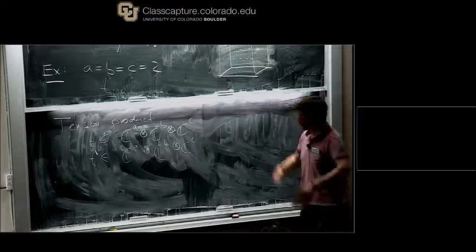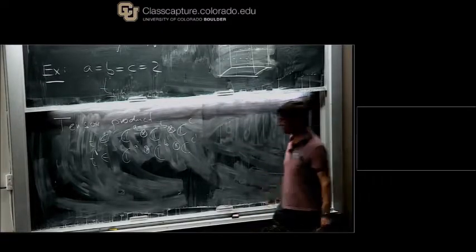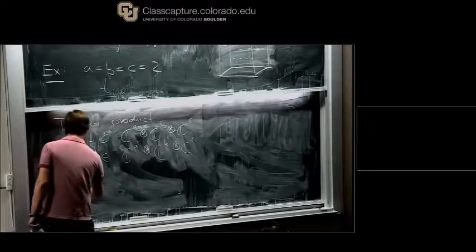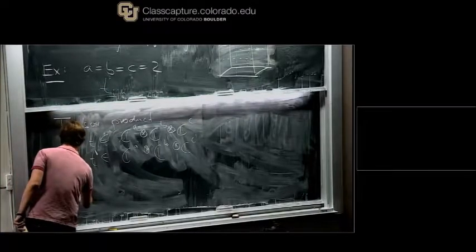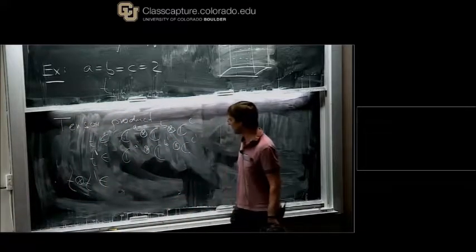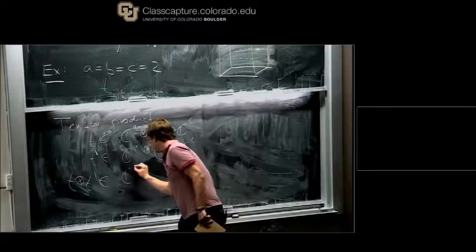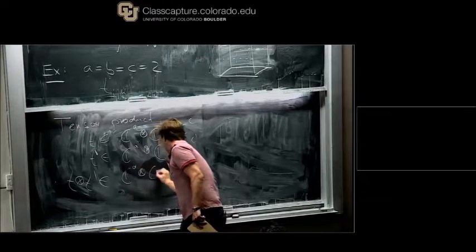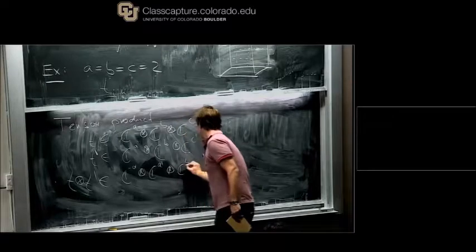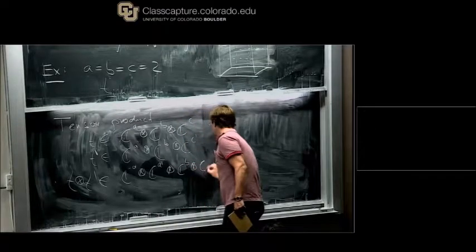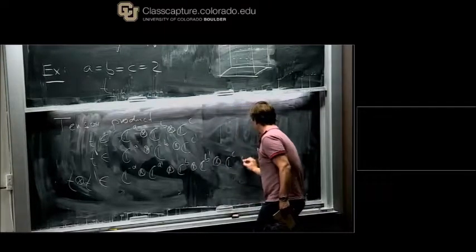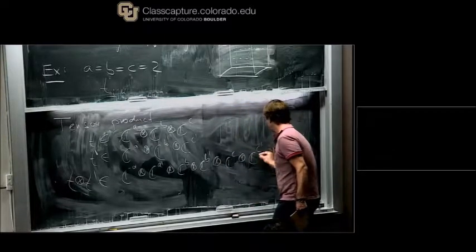These are 2 tensors. Now we can take the tensor product. How do we do that? Well, we just form T tensor T prime. And obviously T tensor T prime will live in C^A tensor C^A prime, tensor C^B, tensor C^B prime, tensor C^C, tensor C^C prime. You see I'm reordering already a little bit.